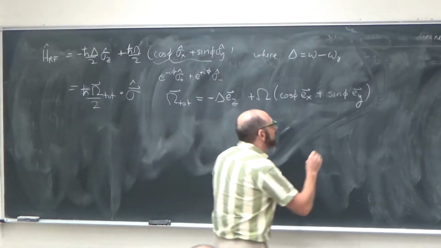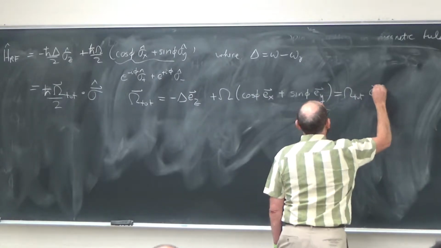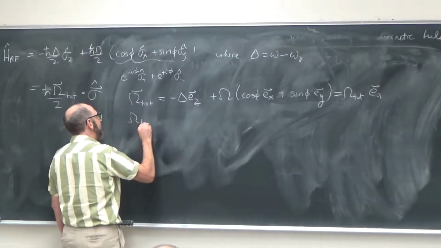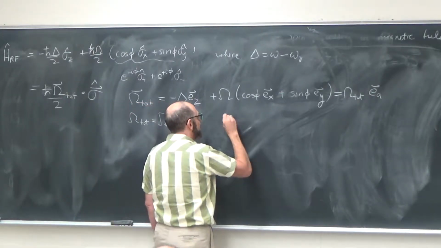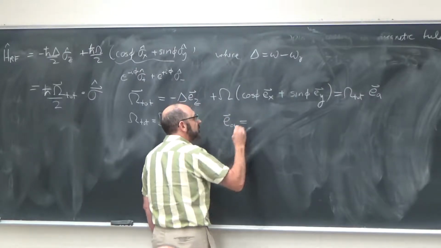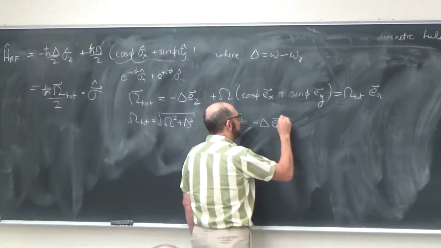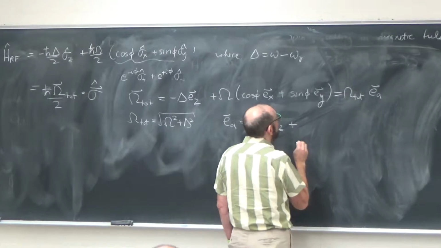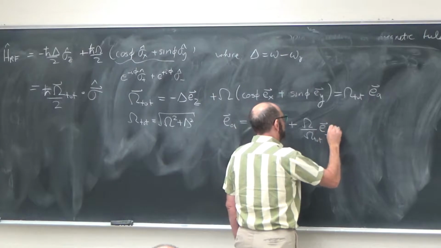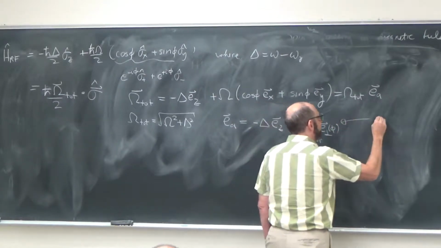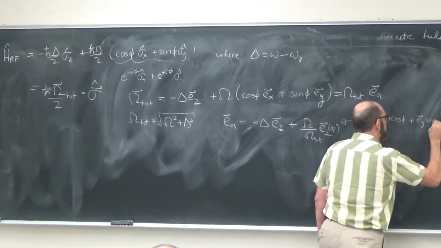So this vector has a magnitude which is the generalized Rabi frequency and some direction. So the direction of this field, it's got minus delta in the z direction, and then it's got a component omega over omega tilde in the transverse direction that depends on phi. So this is e_x cos phi plus e_y sin phi.